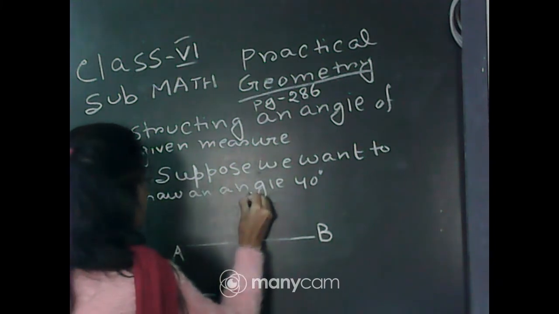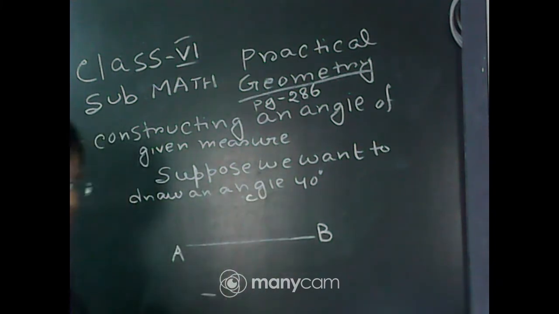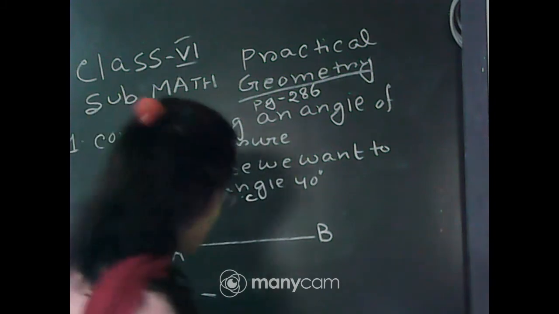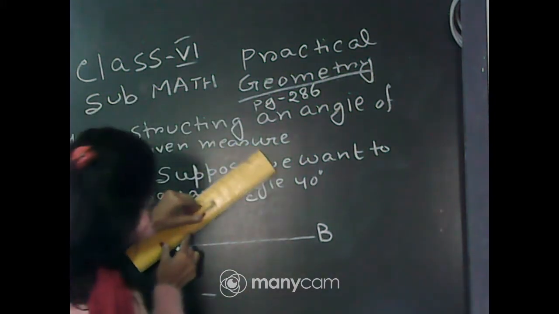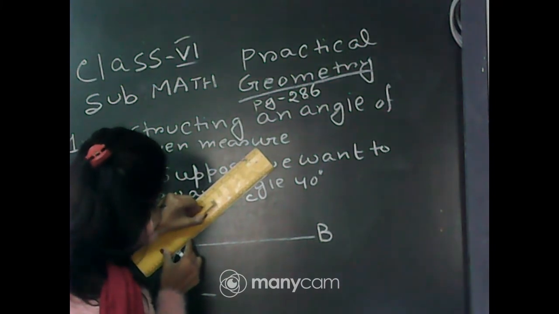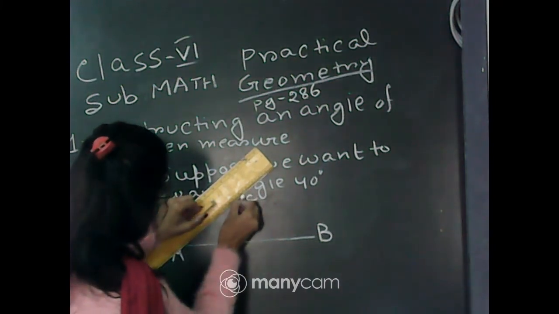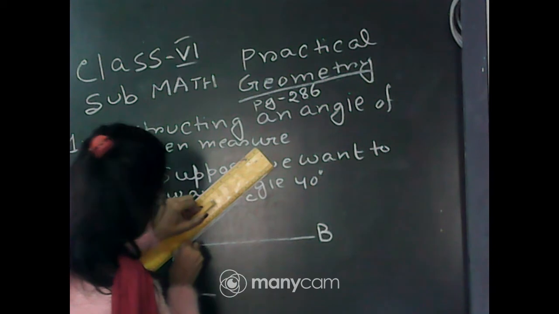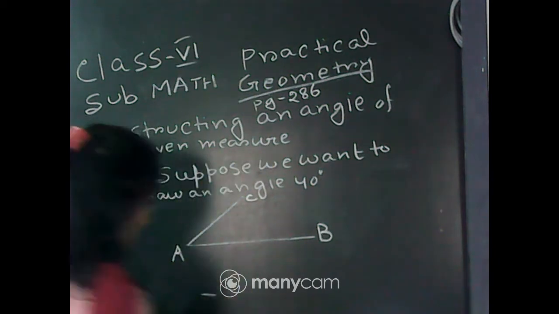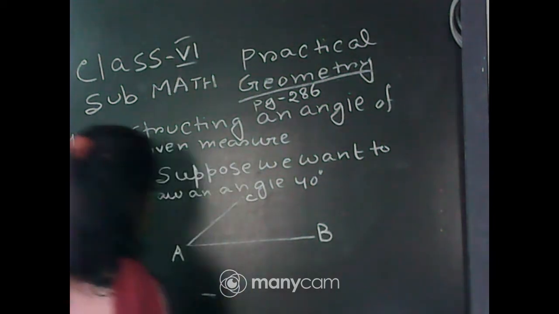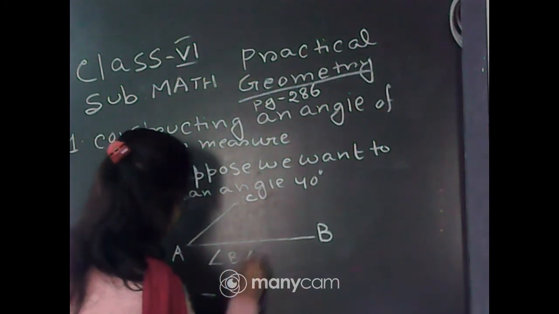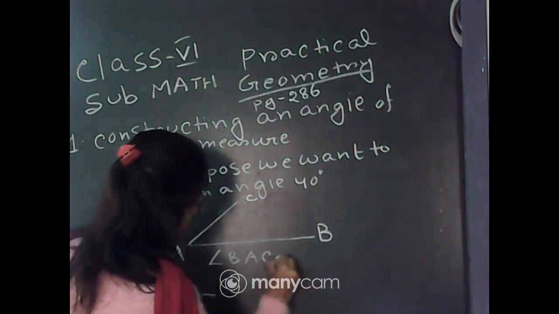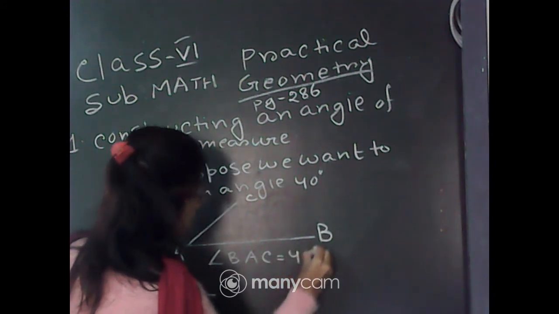So this is the point C. Now join AC. Therefore angle BAC is the required angle, and angle BAC is equal to 40 degree.